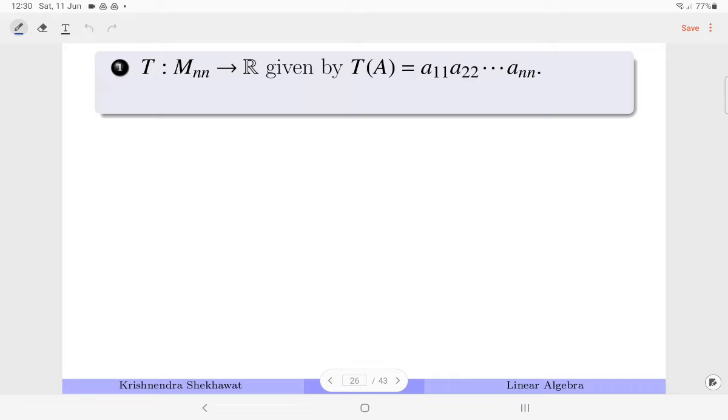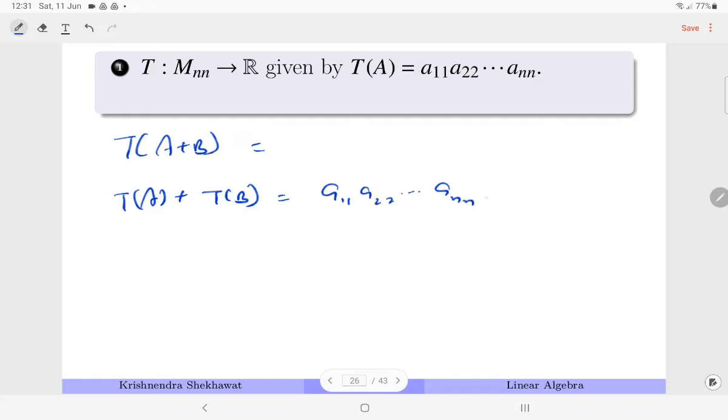Next one is where you are multiplying the diagonal entries. Again, it's easy to see how you write T of A plus B and T of A plus T of B. So T of A plus T of B is a11, a22, ..., ann plus on this side b11, b22, ..., bnn, and T of A plus B is actually a11 plus b11, a22 plus b22, and so on.